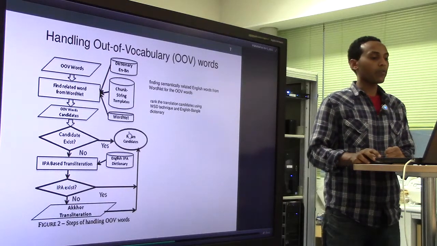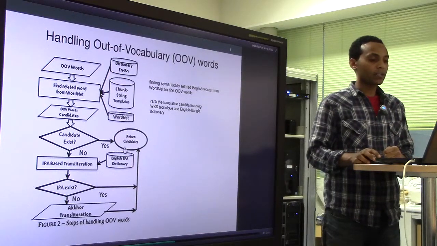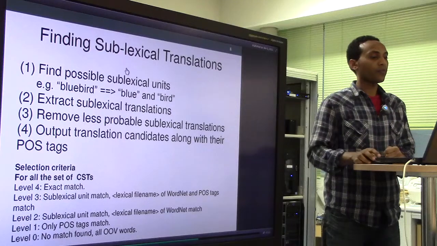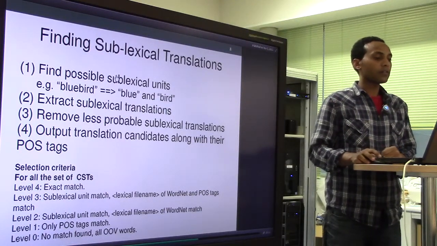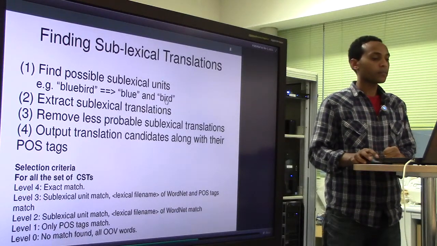So they used a ranking algorithm in order to rank the translation candidates. Before that, to find the sub-lexical translations, what they did is first find possible sub-lexical units, as we see in this example, and then by using the WordNet, extract the meaning of these sub-lexical units.